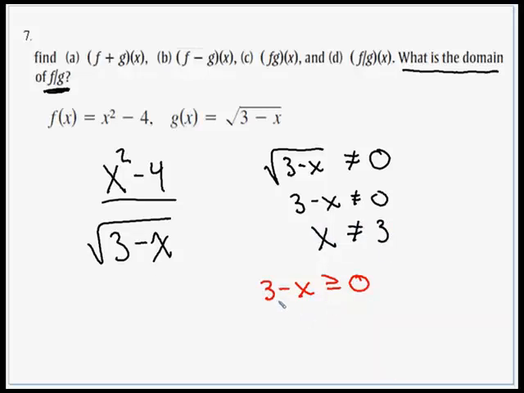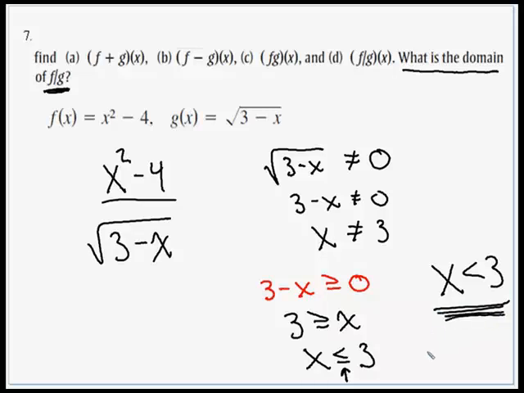If I look at 3 minus x greater than or equal to 0, I would add x to both sides. 3 is greater than or equal to x, or x is less than or equal to 3. Now this one says x can never equal 3. So we're just going to combine those together and say x must be less than 3. It cannot be equal to 3 because of this part. It can't be anything greater than 3 because of this part. So just x less than 3.